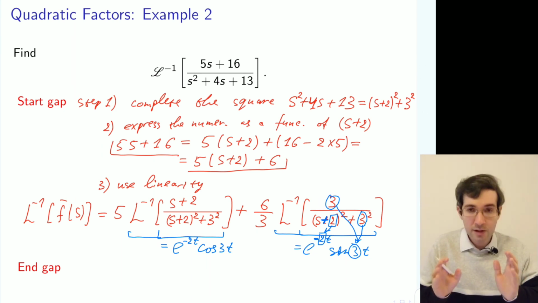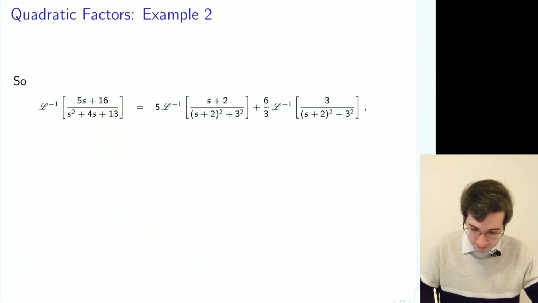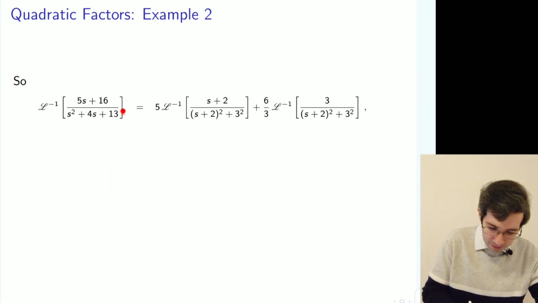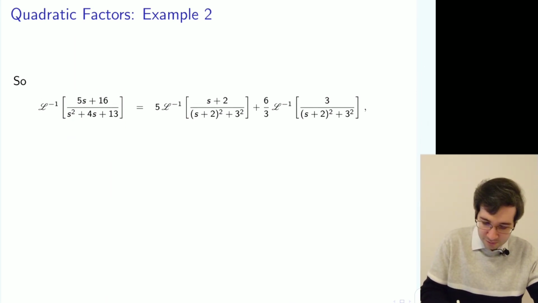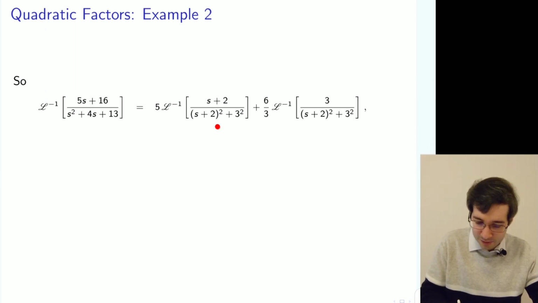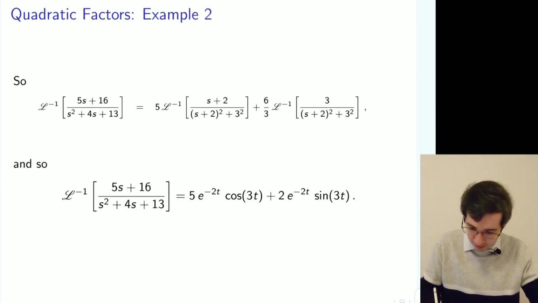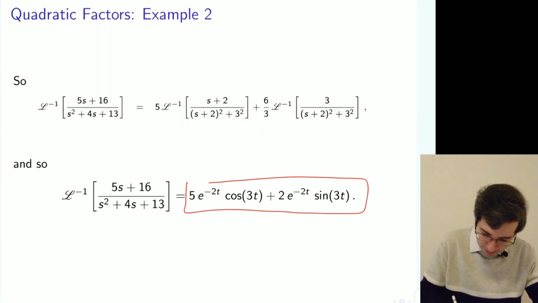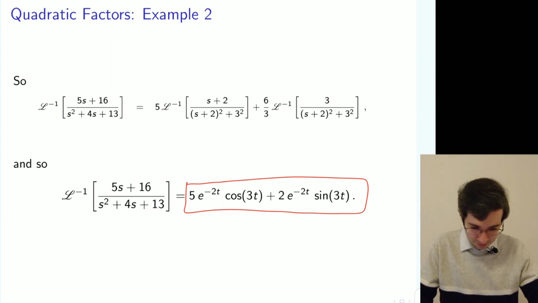And that's effectively all we needed to do. Just to summarize, we express the inverse of a complex function as a sum of the inverse of simpler fractions, and then we use the table to get the final answer. So that is the answer to example number 2.